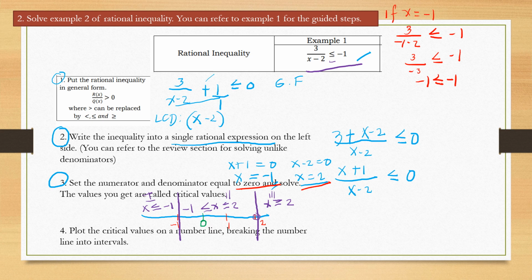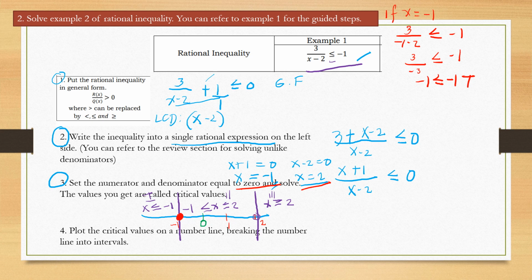Tatanungin mo ngayon, true or false ba to? Ang sagot dito ay true. Dahil true yan, ibig sabihin, ang negative 1 ay kasama sa solution. So, ang shade mo dito ay solid, kasi kasama siya sa sagot.